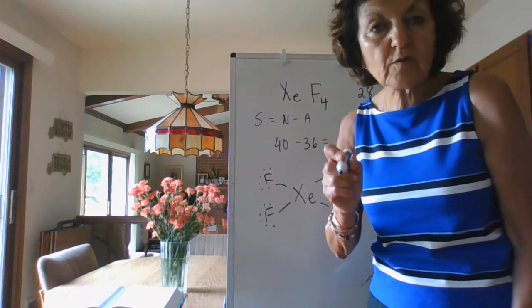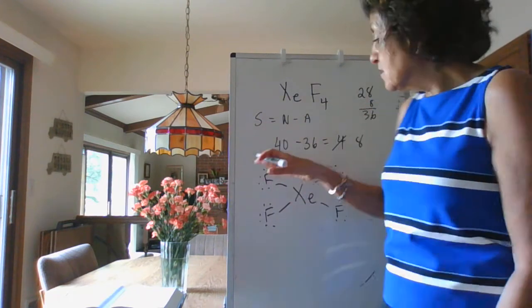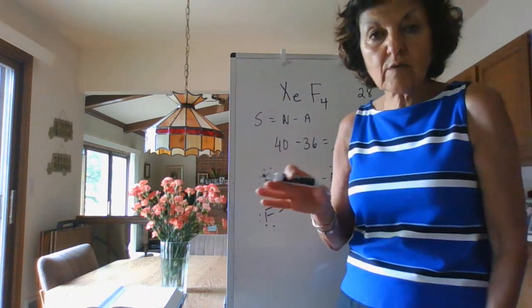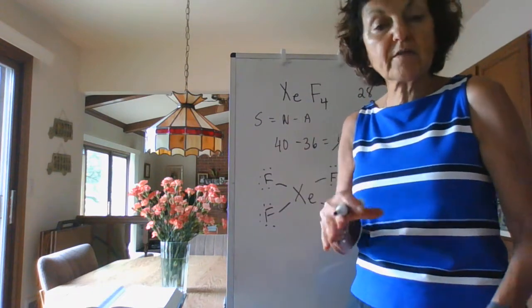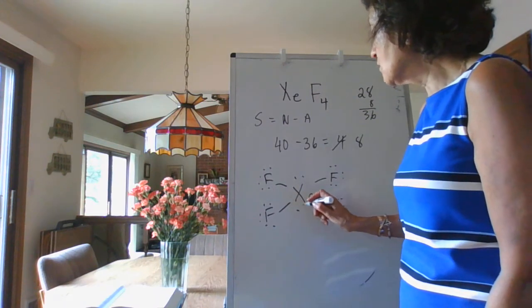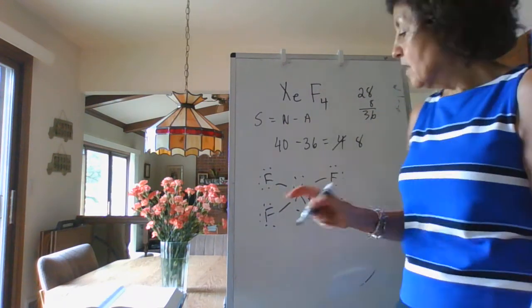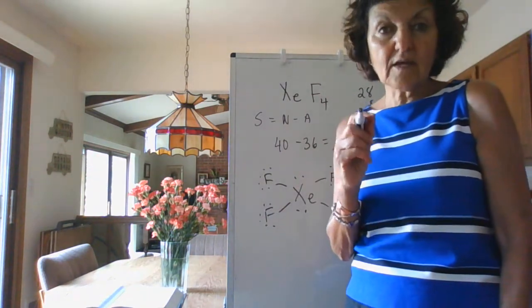Where do I put the rest? On the central atom. Anytime you distributed all the electrons around the peripheral atoms and you still have some left, you dump them on the central atom. So we are at 24, 25, 26, 27, 28. Exception to the octet rule. It's carrying more than 8.